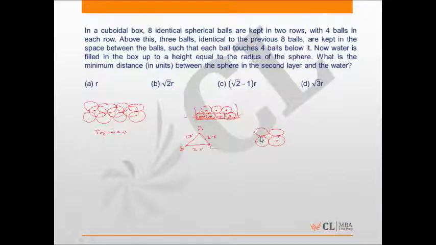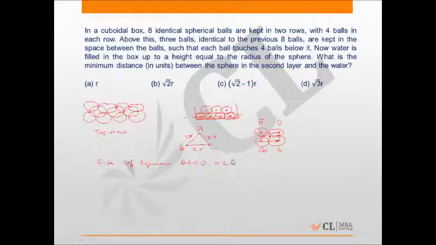I am just drawing the points B, C, D and E, and there is a point A above it. Now the side of this square BCDE is 2r.